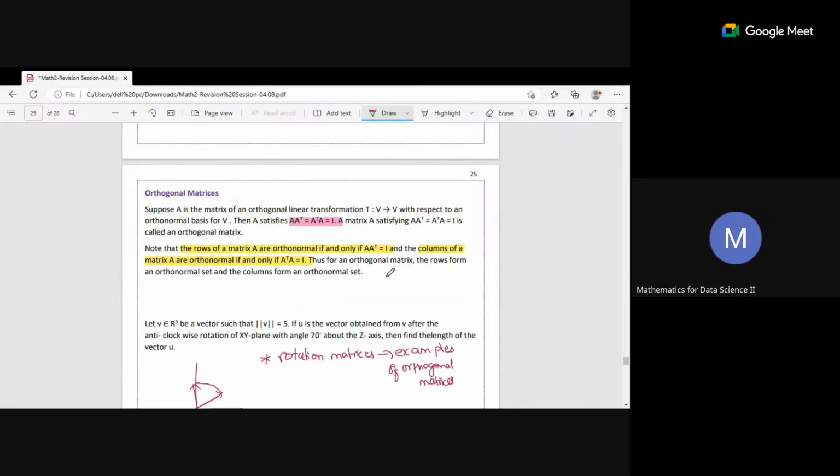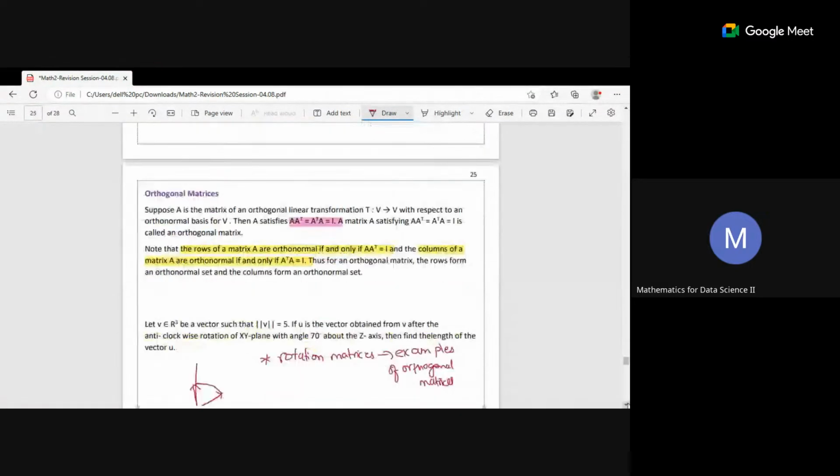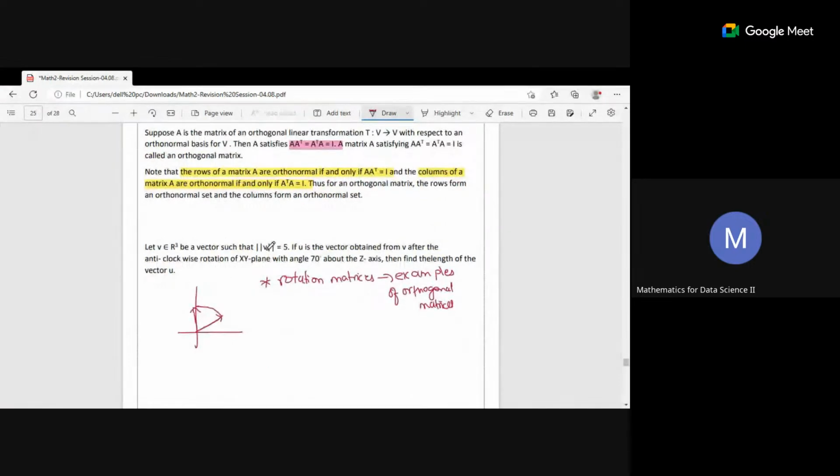Orthogonal means they preserve the length and angle. It means what? If a vector V is rotated by 70 degrees, what is the length of u then? 5. It is going to be 5 because the length is preserved.